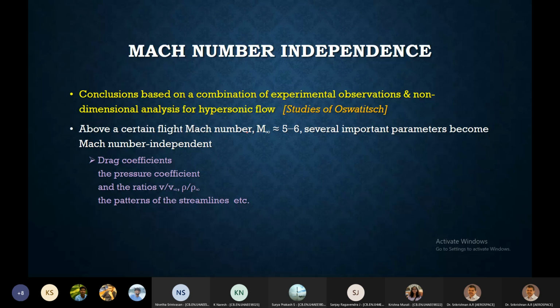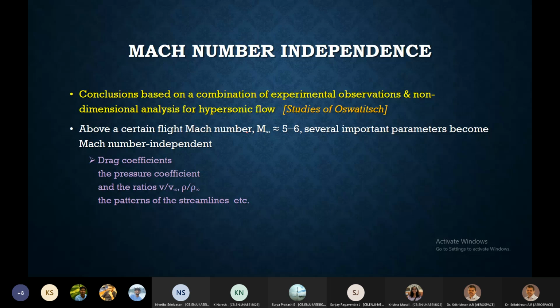Which in turn means that, for example, if I take the non-dimensional pressure, p bar, defined as p by rho infinity v infinity squared, I can express the pressure coefficient in terms of that. Similarly, I can have the non-dimensional aerodynamic coefficients, the lift and drag, CL and CD, which are all dependent on the pressure distribution.